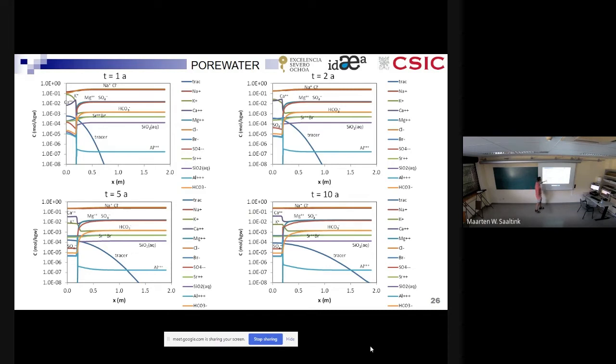And actually, you see that for all the other components, the alteration is much slower because of physical chemical reaction. The affected zone is actually quite limited for all the other components, a few tens of centimeters.